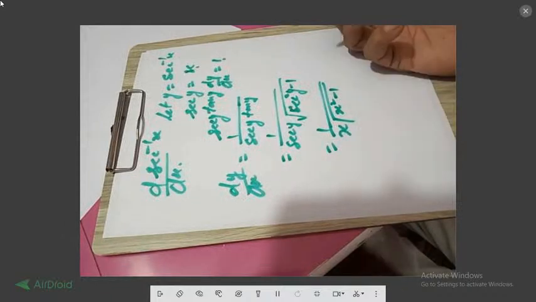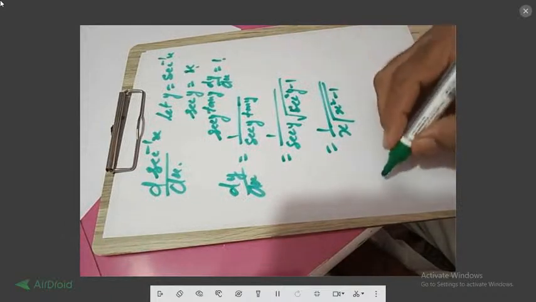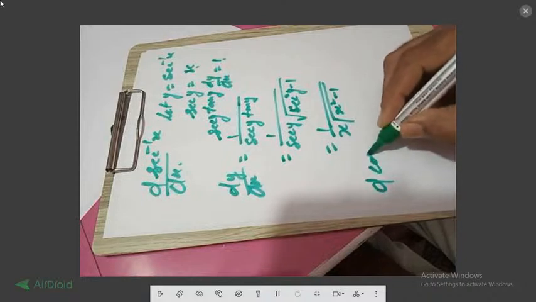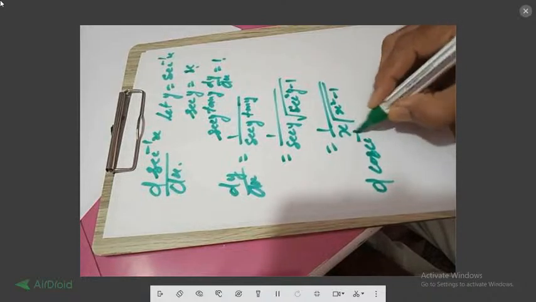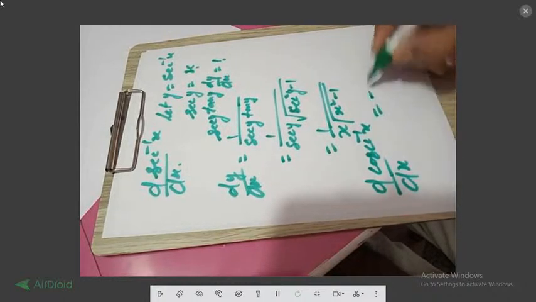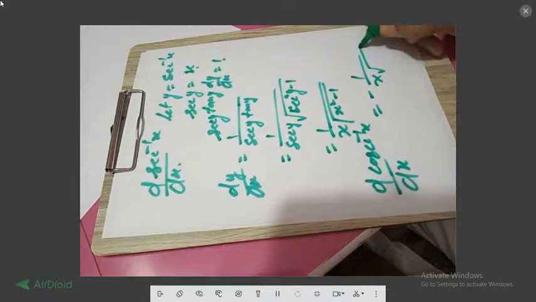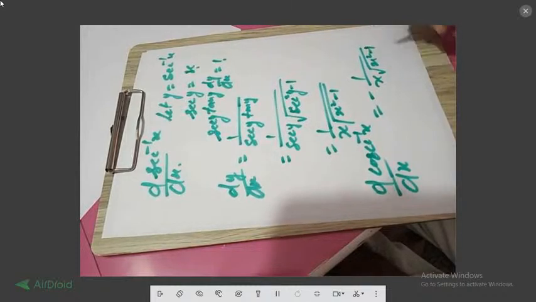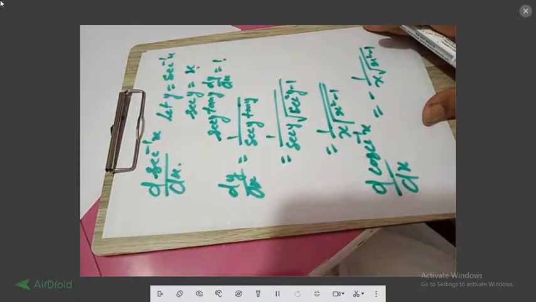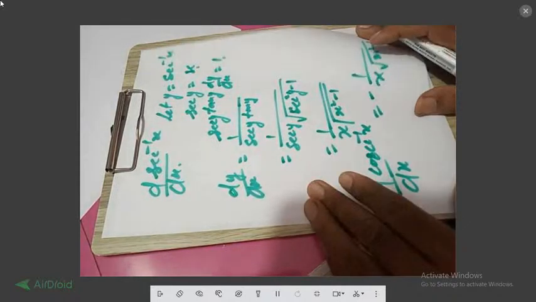And so on, we can find out the differentiation of cosecant inverse x. This will be equal to minus 1 oblique x under root x square minus 1. These are the main formulas which are used in differentiation from time to time.